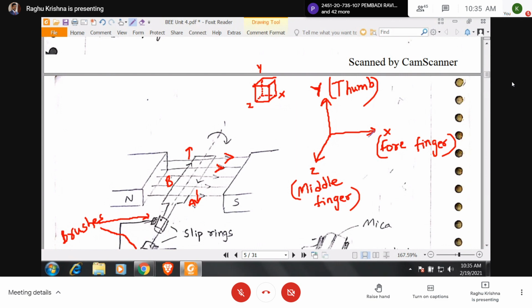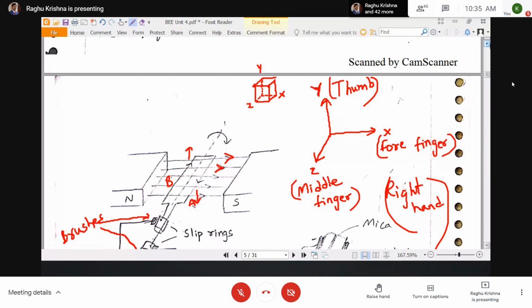Thumb, forefinger, and middle finger are perpendicular to each other, of the right hand.